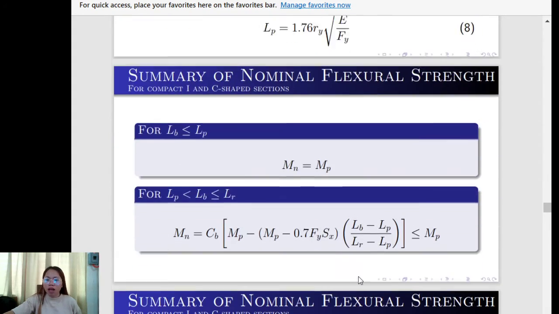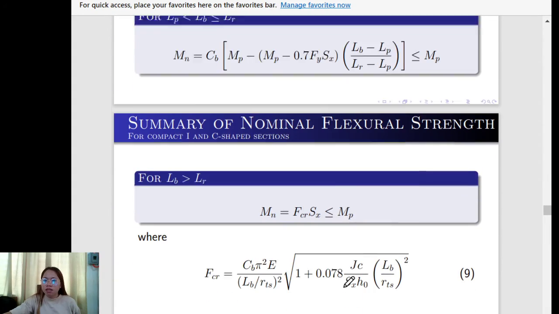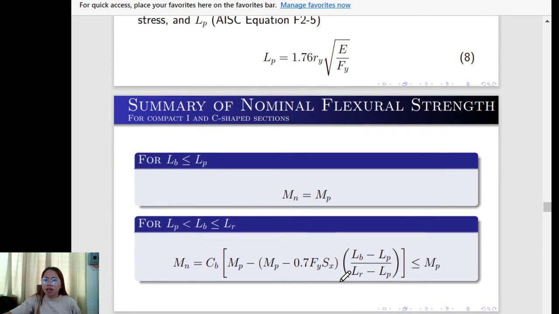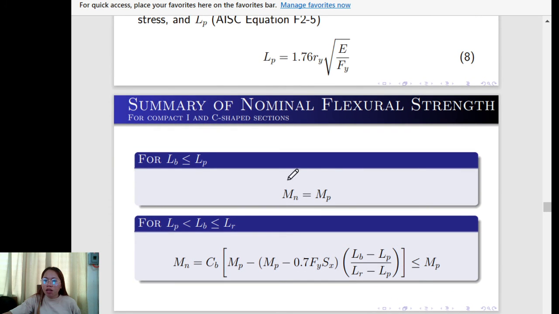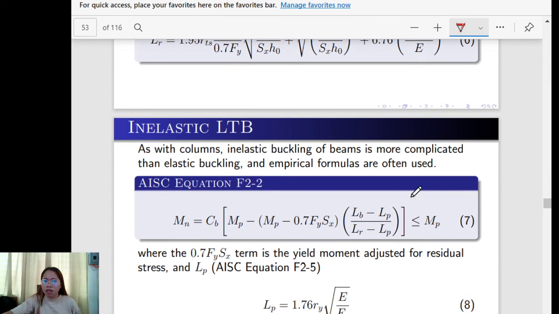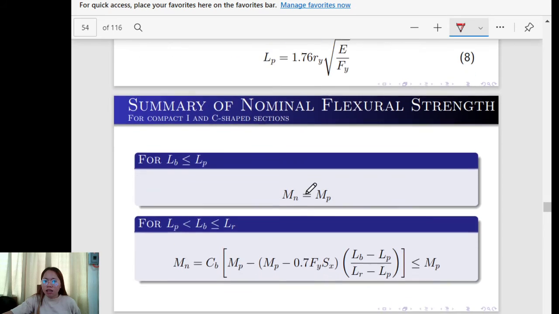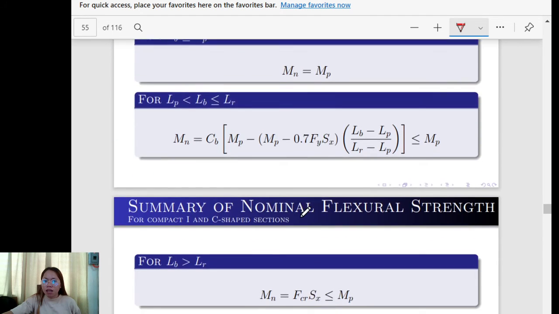So your section or steel is stable. Your nominal moment is therefore equal to your plastic moment. It reaches the plastic region, no? For the unbraced length between L sub p and L sub r, your nominal moment is C sub b times this formula, which was discussed earlier, for inelastic lateral torsional buckling.